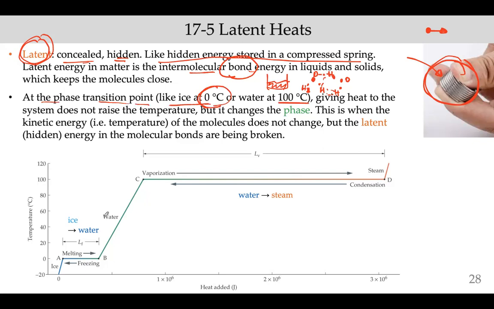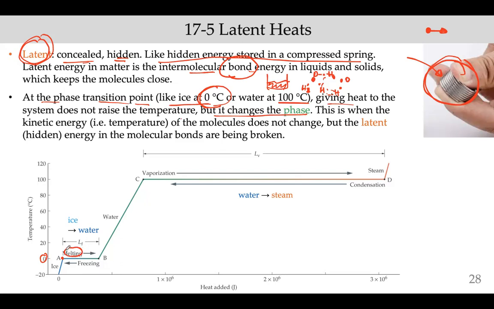Giving heat to the system does not raise the temperature, but it changes the phase. So let's say I have ice at 0 degrees here, point A. Now, if I give heat to that ice, its temperature will not rise because first it has to go from ice to water. So first it has to melt.